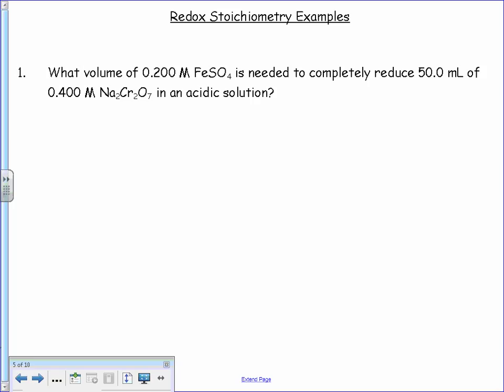Okay, so I think we have time. We have 22 minutes. I'm going to do 3 examples of redox stoichiometry. Pull out your packet. This is the first example. It says lecture examples. It looks like this on your packet.